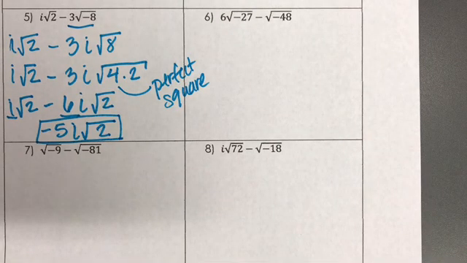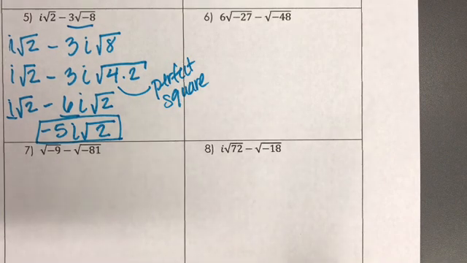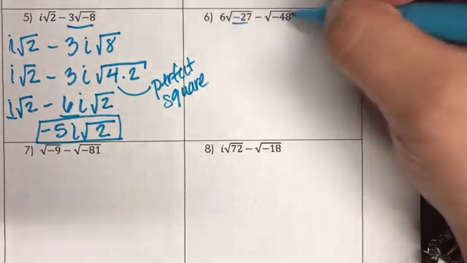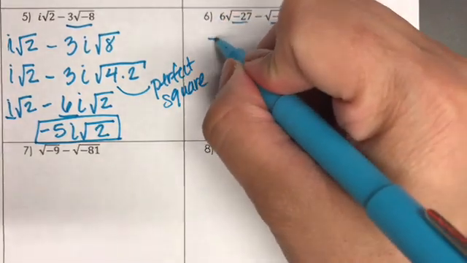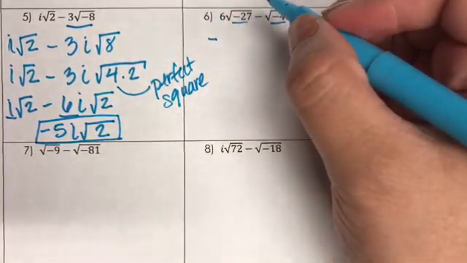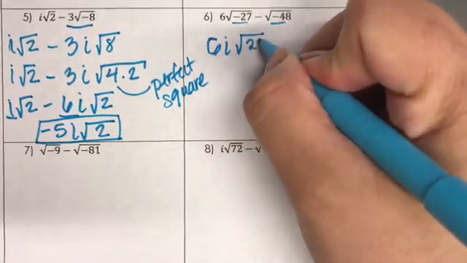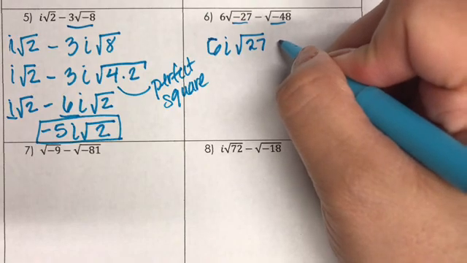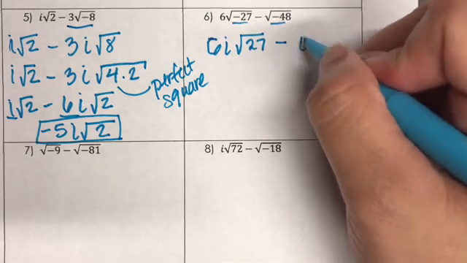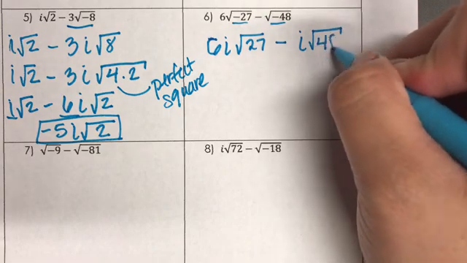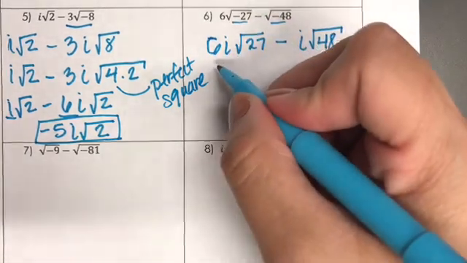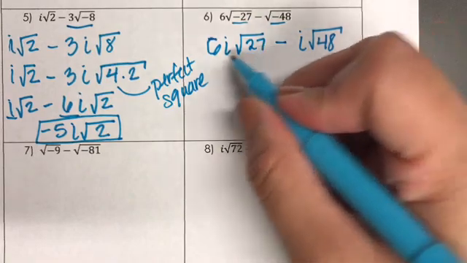Is going to be 6 times the square root of negative 27 minus the square root of negative 48. I'm going to look at these, so negative square root of 27, root of 48. You're going to look for the perfect squares.